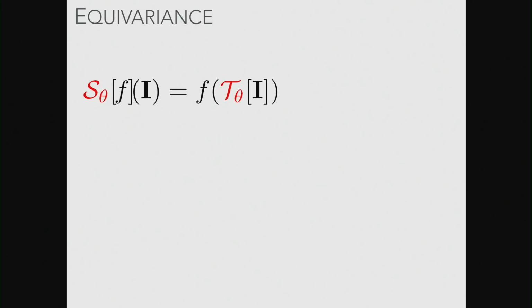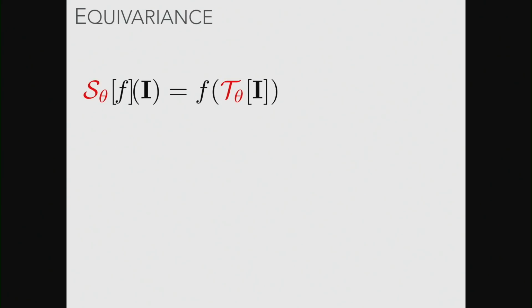What this equation is saying is that an equivariant function is one where I could take an image, transform it via t, and then pass it through my feature detector. Or I could have equally taken my image, passed it through the feature detector, and then transformed it in the feature space. And those should give me the same answer.